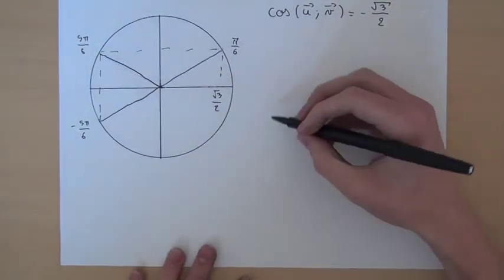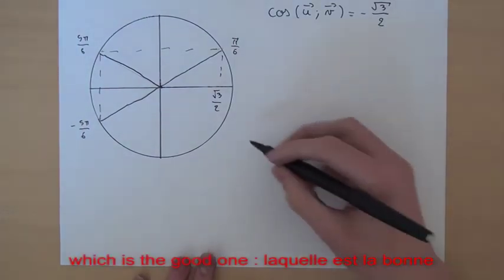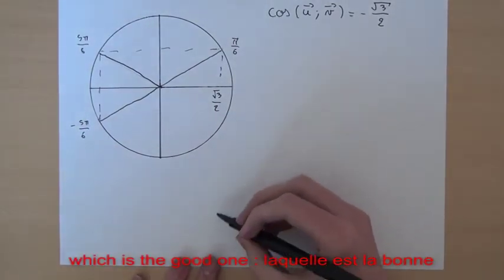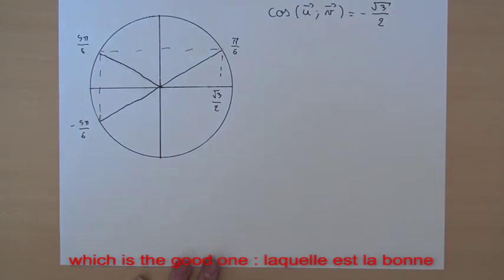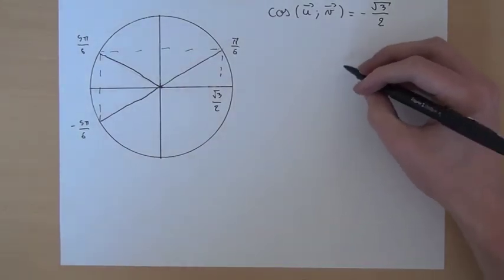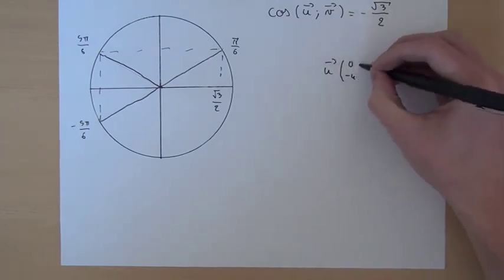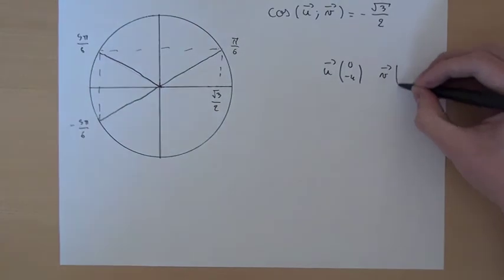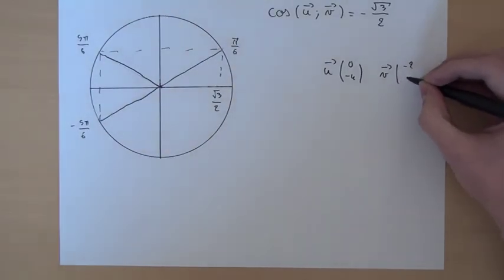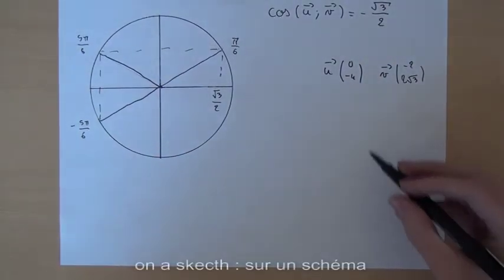So we need to know which one is the good one. So you take the values of the vectors, which were u (0, -4) and v (-2, 2√3), and you draw them on a sketch.